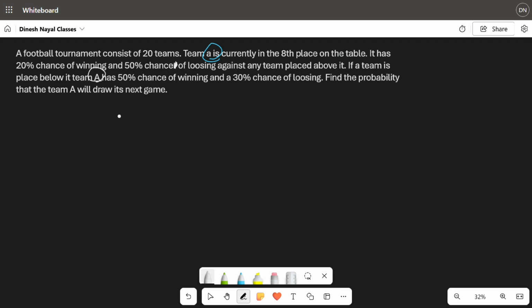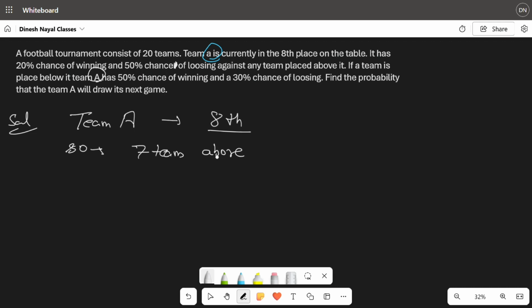So what we have to look in this question is that, first of all, this team A is in the 8th place. So when it is in the 8th place, how many teams are above it? So there are 7 teams which are above A. Above A means ranking above A, and there are 19 teams. Sorry, not 19. Sorry for that.